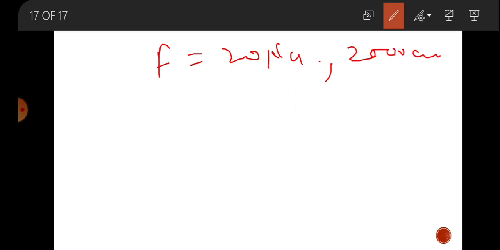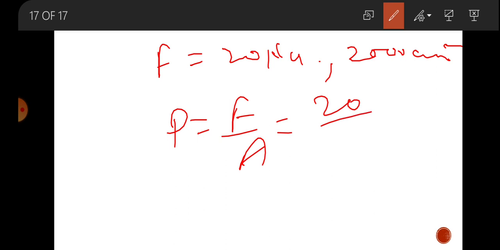Now suppose in the next question you have a force of 20 Newton and बोला गया है कि वो फोर्स हमारा 20,000 centimeter square area पे लग रहा है. Then you have to calculate the pressure. So pressure is given by F by A. So F is 20 and area कितना है आपका 20,000 centimeter square.